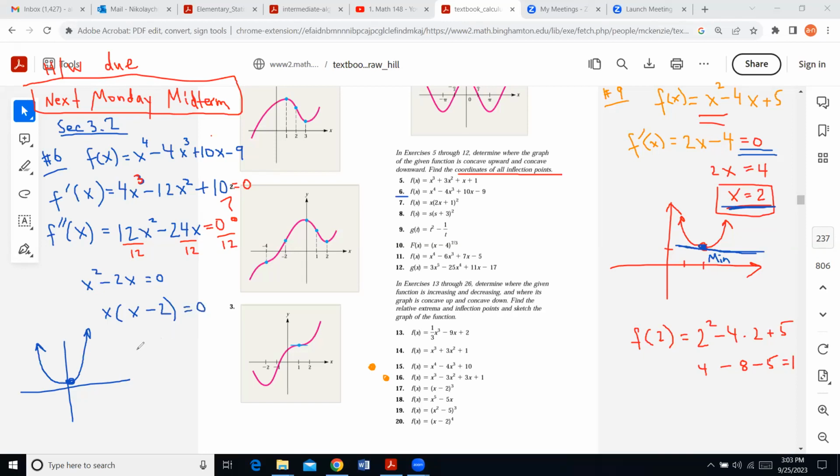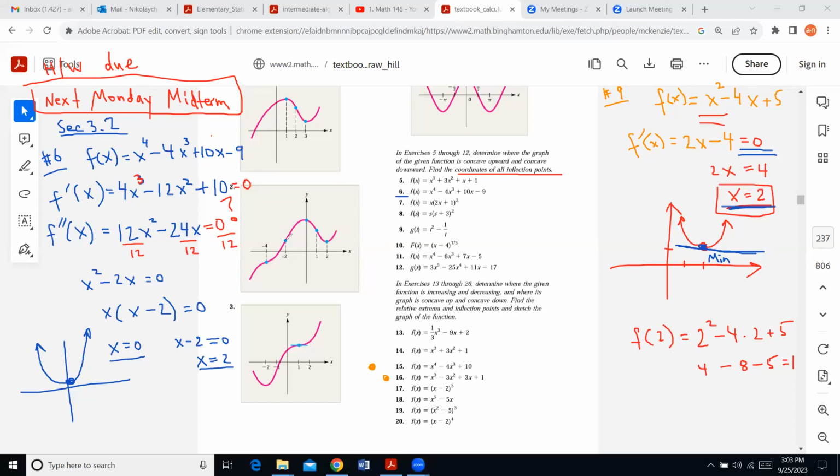And this tells me that I have two so-called zeros of the second derivative, which are going to be number 2 and 0 itself. What does this mean? Well, it means we have special points of so-called inflection.